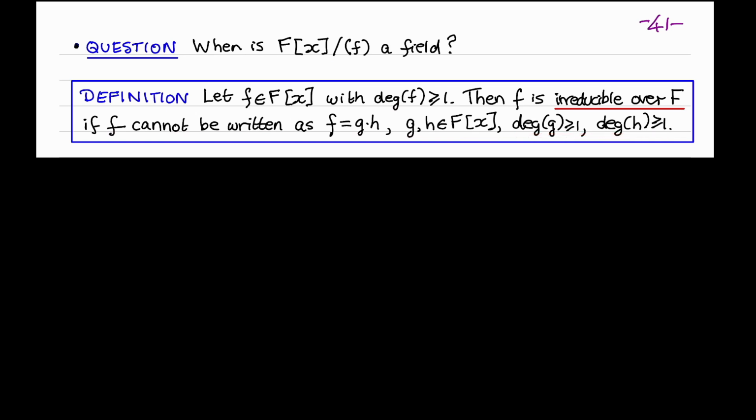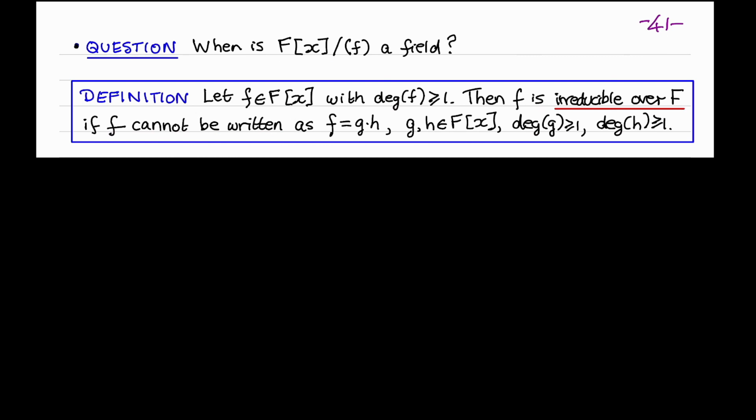In other words, f doesn't have a non-trivial factorization. I want to rule out trivial factorizations of the form f equals 1 times f, because this really isn't a proper factorization.